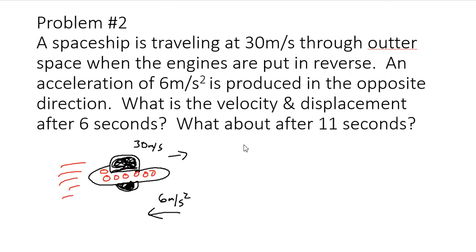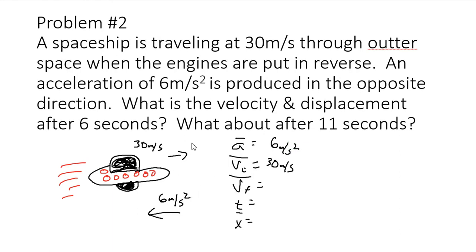So again, there's 5 things I can know: acceleration, initial velocity, final velocity, time, displacement. Which of these do I know? I know my initial velocity. It's 30 meters per second to the right in my picture. I know the acceleration. It's 6 meters per second squared, but it's in the opposite direction.